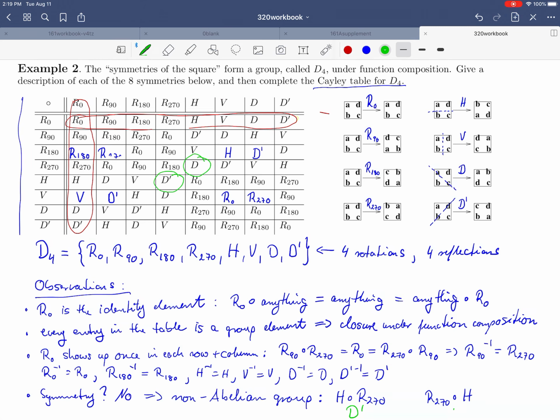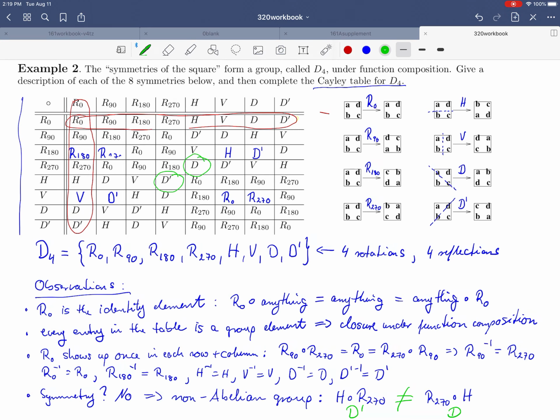But R270 composed with H, that is D. Those are not equal to each other. They are both diagonal reflections, but over different diagonals. They are not equal to each other. And so since these are not equal to each other, our operation is not commutative. And since the operation is not commutative, our group is non-abelian.